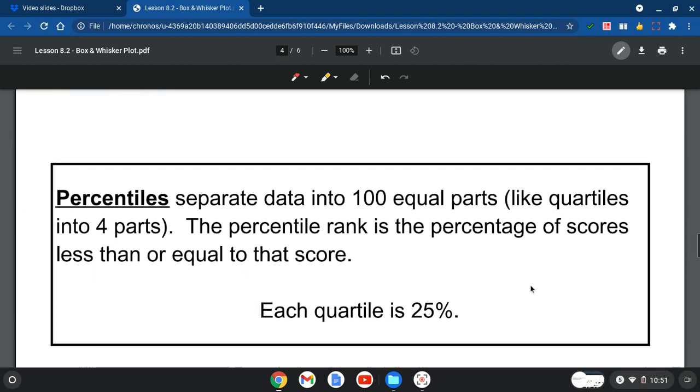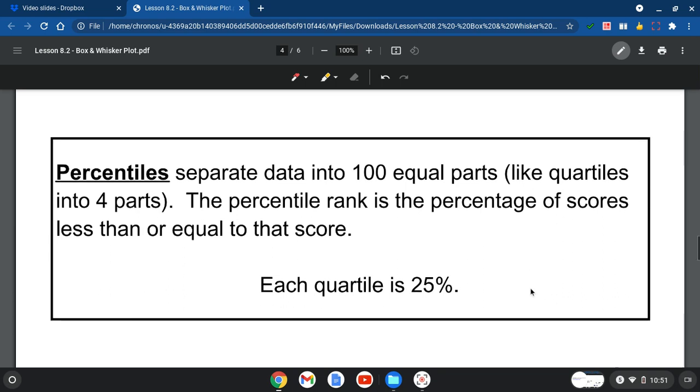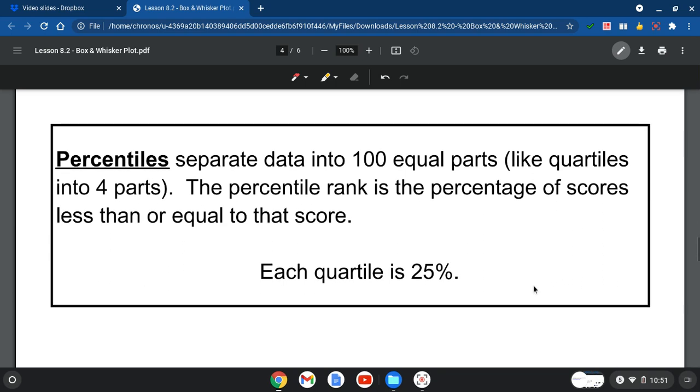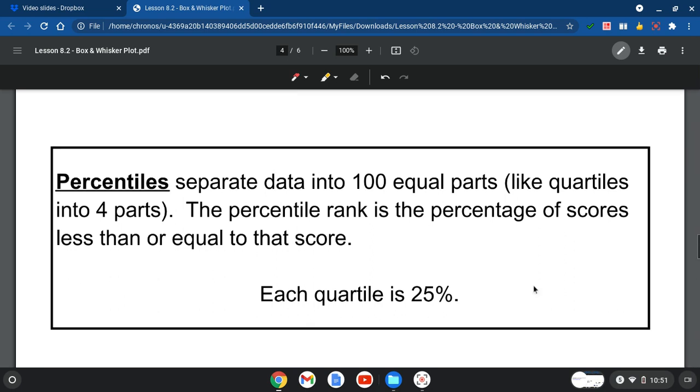Percentiles separate data into 100 equal parts. Quartiles, like, are into 4 parts. The percentile rank is the percentage of scores less than or equal to that score. Therefore, each quartile is 25%.